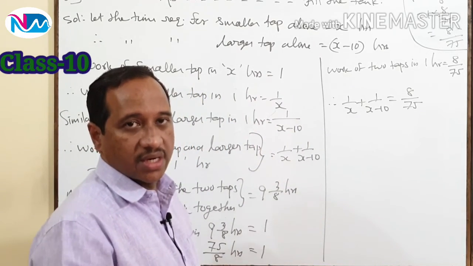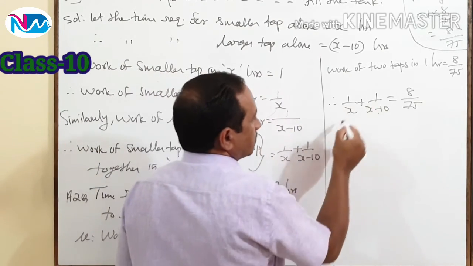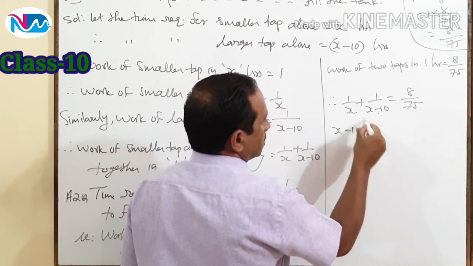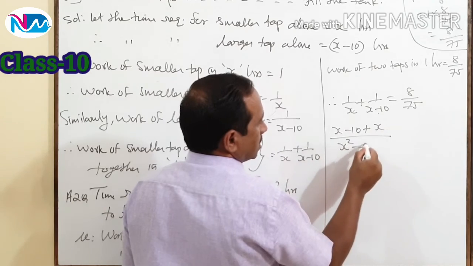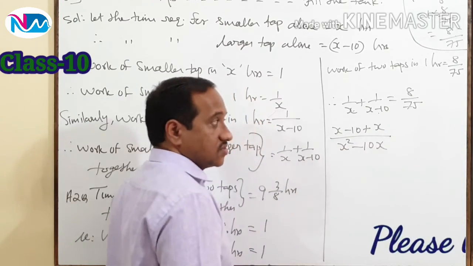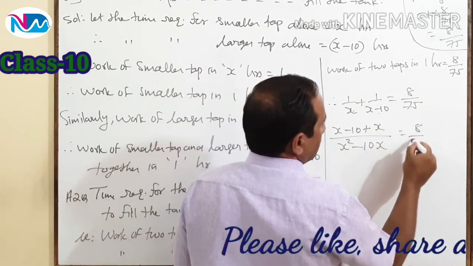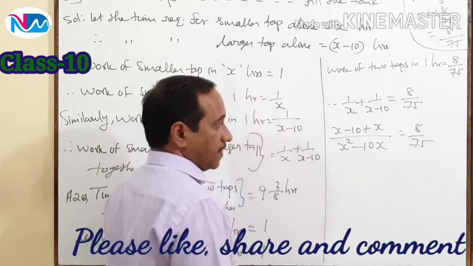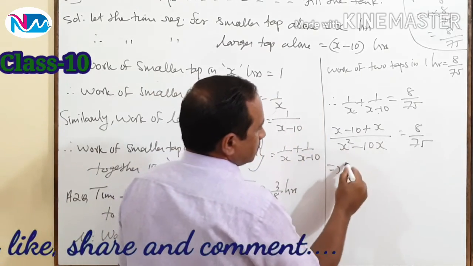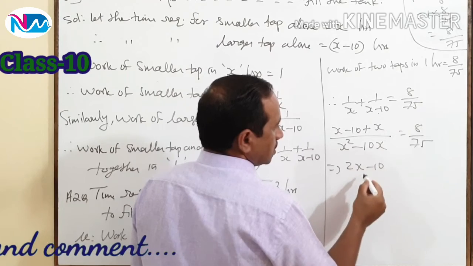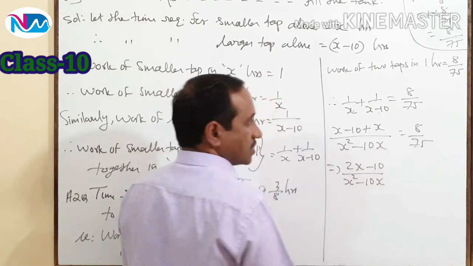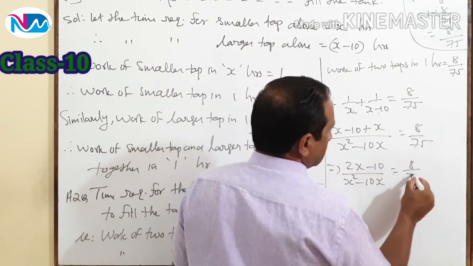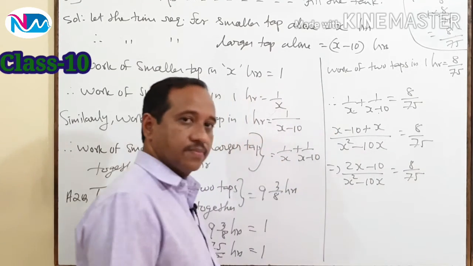We have to simplify and get the quadratic equation. x minus 10 into 1, plus x into 1, divided by x into x minus 10, that is x square minus 10x, is equal to 8 by 75. So this gives 2x minus 10 divided by x square minus 10x is equal to 8 by 75.